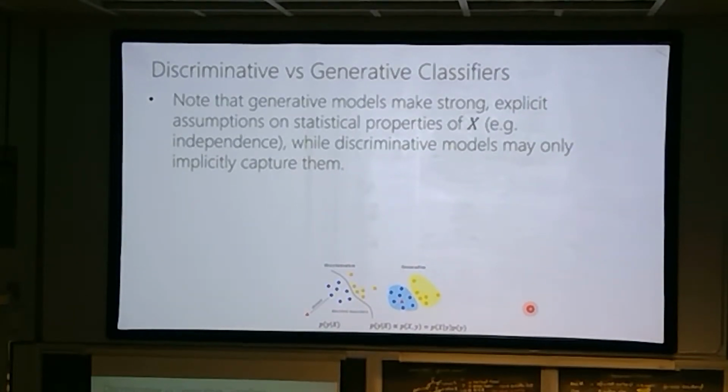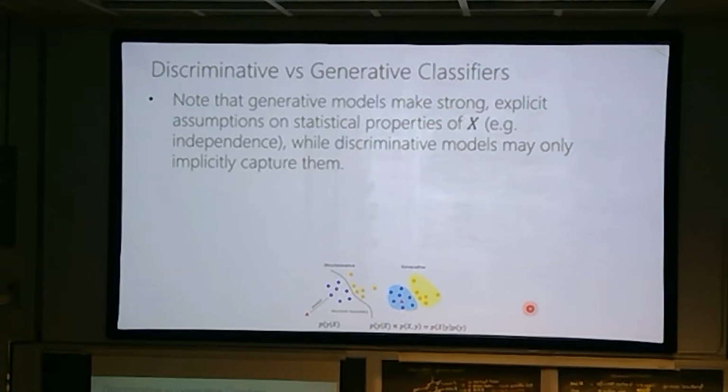One thing to think about is that generative models, because they're modeling a distribution over X, have very strong and explicit assumptions on the properties of X. I'm actually defining the distribution of X, whereas with the discriminative model, it's whatever X you give me, I don't care what distribution it is, I'll just pipe it through something and get a score. But in the generative model, I will say, for example, these x's from this class are specifically Gaussian with this mean and this covariance.